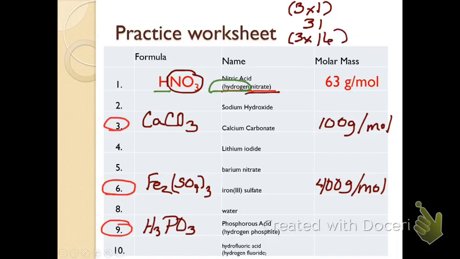And then I'm going to clear my calculator. Open parentheses, 3 times 1, close parentheses, plus 31, plus, open parentheses, 3 times 16, close parentheses, equals, and you should get 82 grams per mole.